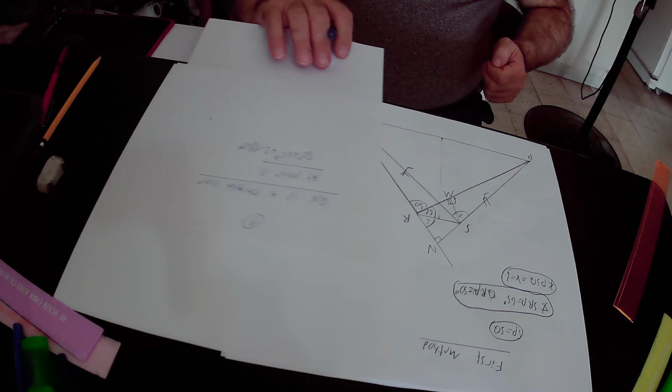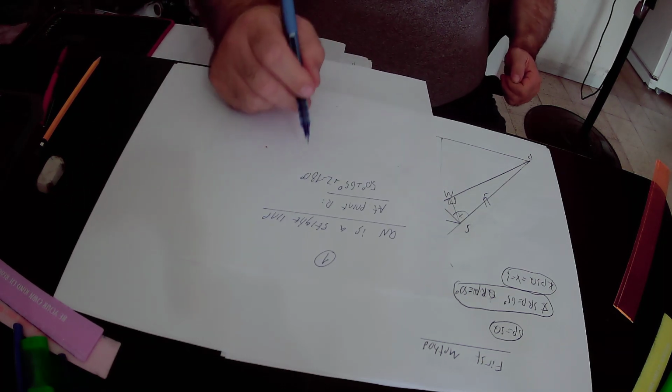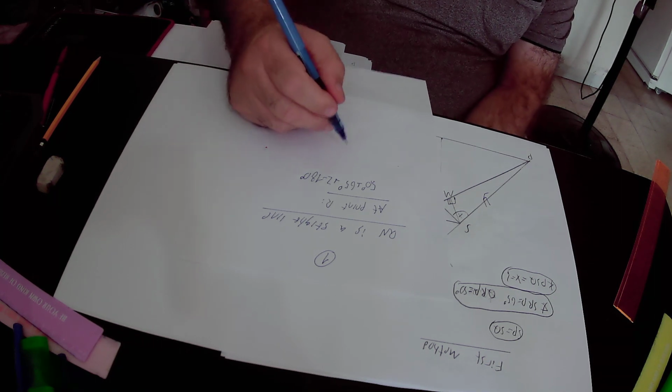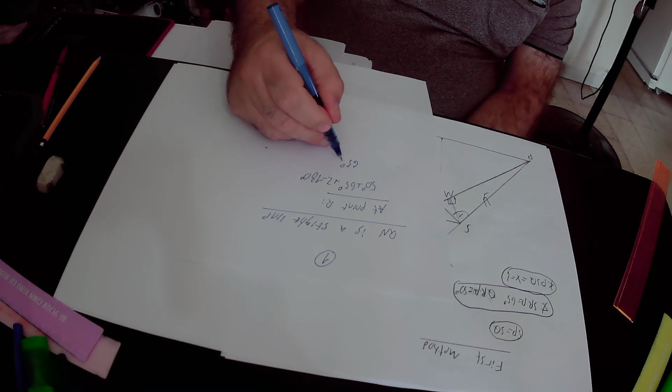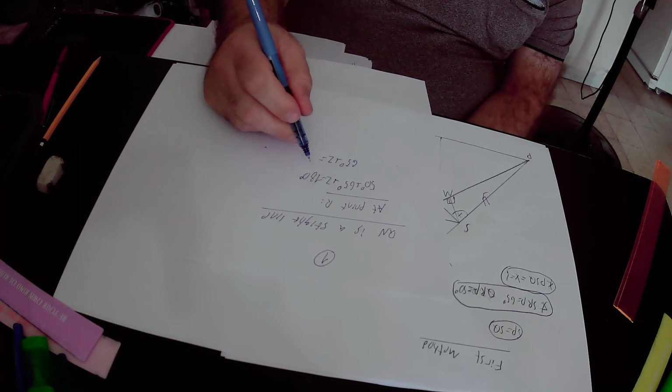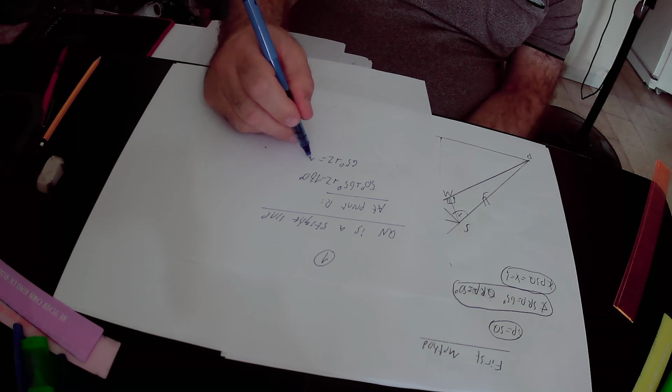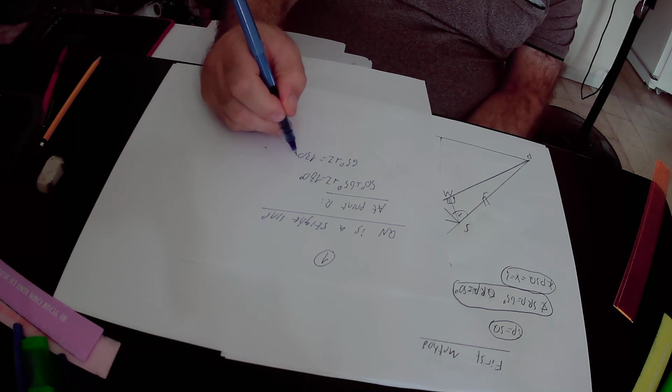So here we will subtract 50 degrees from this equality. We get that 65 degrees plus the size of angle Z must equal 180 degrees minus 50 degrees, which is 130 degrees.